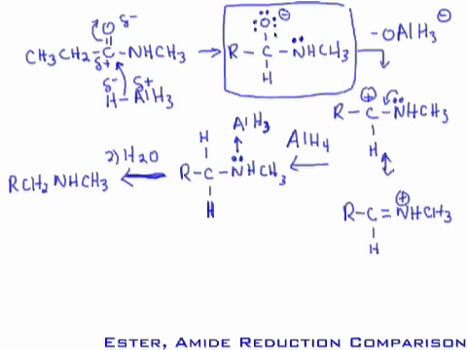Now what's interesting about this is if you compare this reaction, so let's draw this reaction out again, compare this reaction to what would happen in the analogous ester. Okay, so I've got R will be ethyl again. R, C double bond O, NH, CH3.